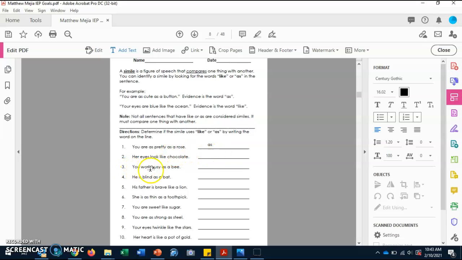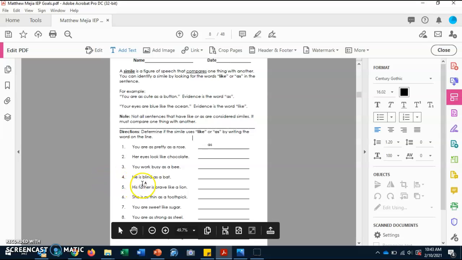Number 3, you work as busy as a bee. Number 4, he is blind as a bat. Number 5, his father is brave like a lion. Number 6, she is as thin as a toothpick.